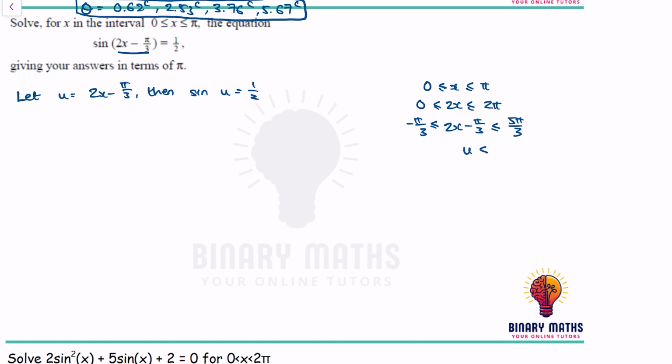So u runs from negative pi over 3 to 5 pi over 3. Okay, so u is equal to inverse sine of a half, which is equal to pi over 6.